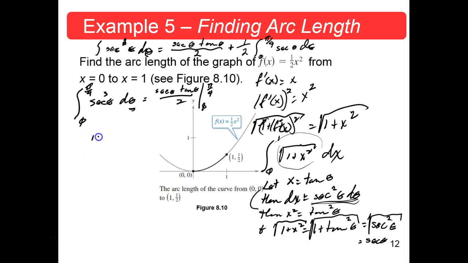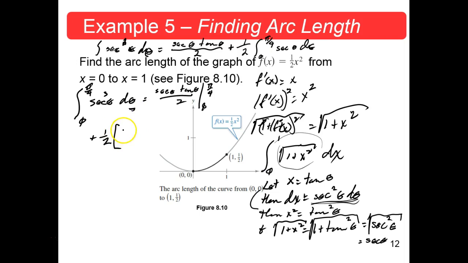And then we have plus 1/2, and then we have the integral of secant theta. Well, what in the world is that? If you go back up to number 61 on that same page, you see the integral of secant u du is, now I've got my 1/2 there, so it's just this part here.